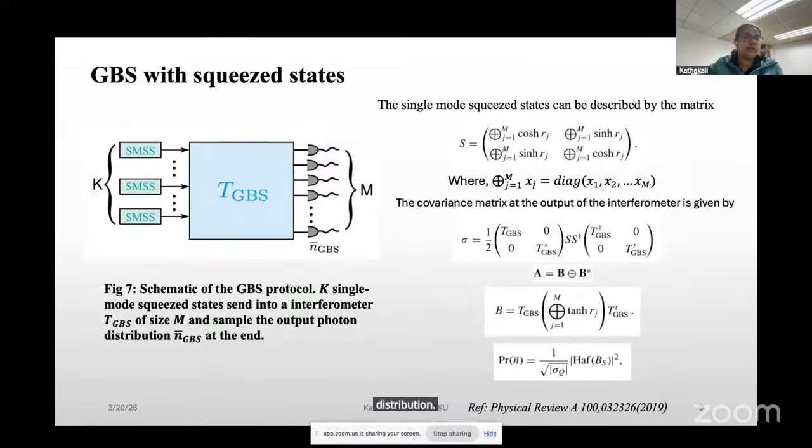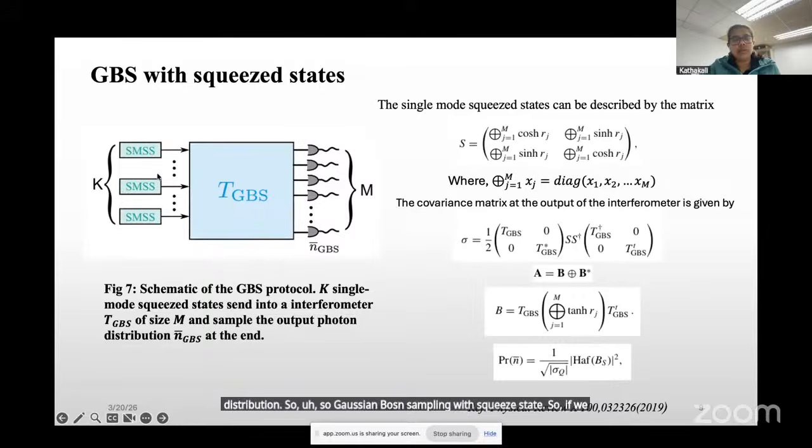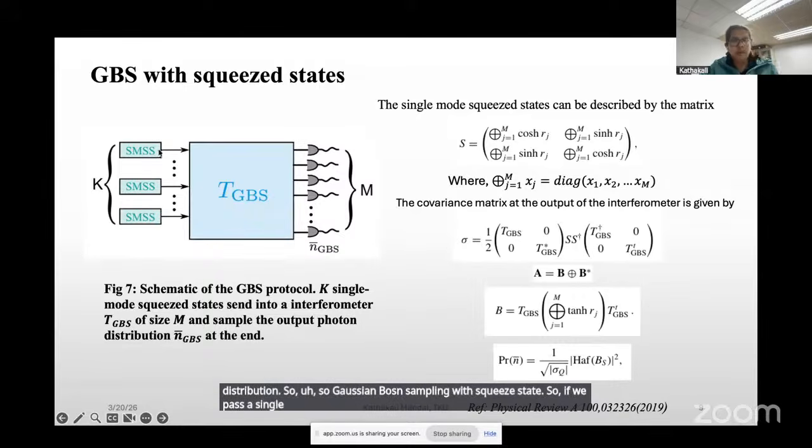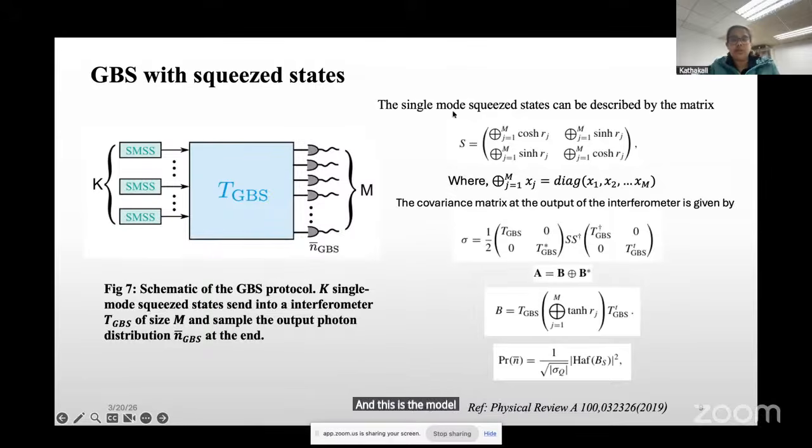So, Gaussian boson sampling with squeezed states. If we pass single-mode squeezed states through an interferometer, and here is the detection, this is the model, and the squeezed state can be written like that.